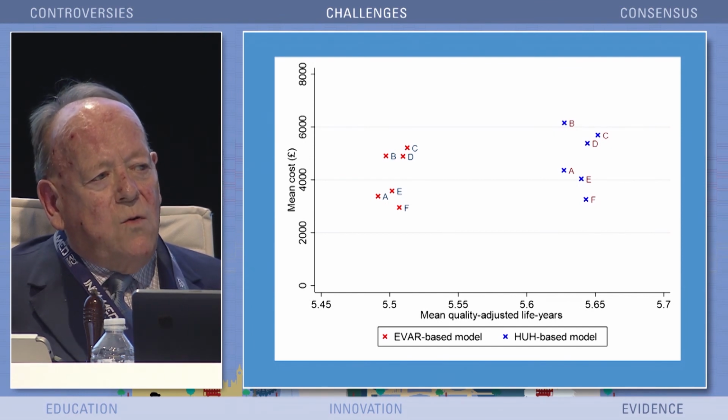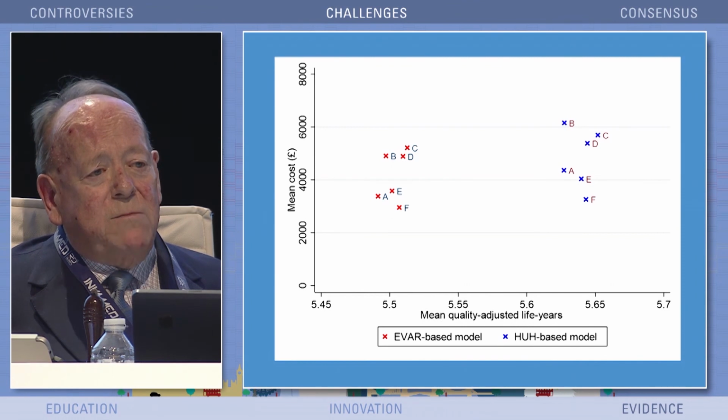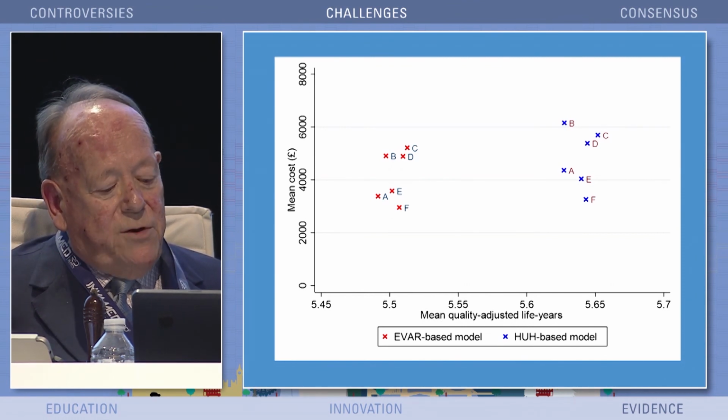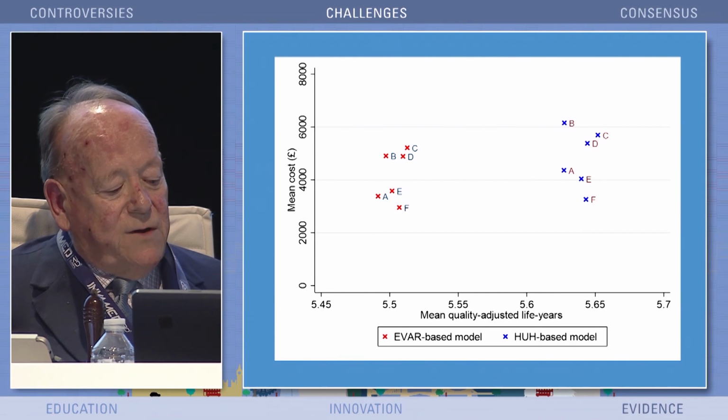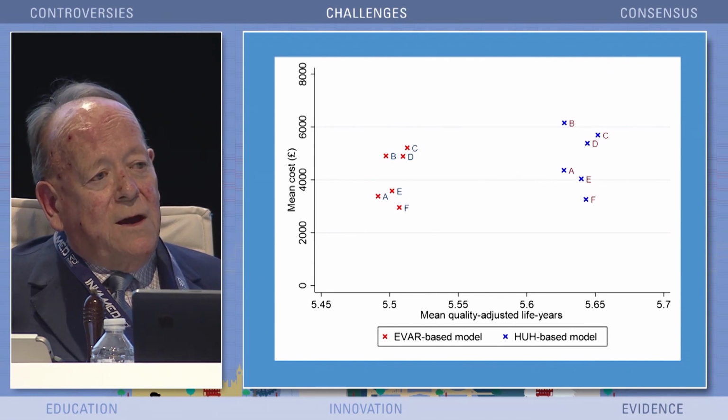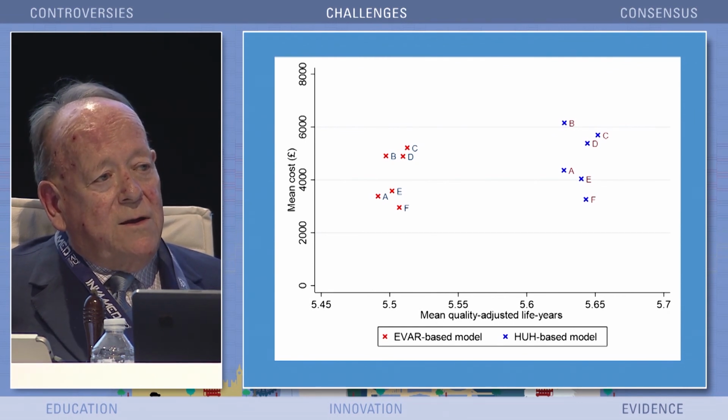We don't know what did it, but what actually happened is a measurable change, and the whole lot has become improved in many ways in terms of mean quality adjusted life years. But even then, the use of the handheld Doppler in the community, F, would be the cheapest.